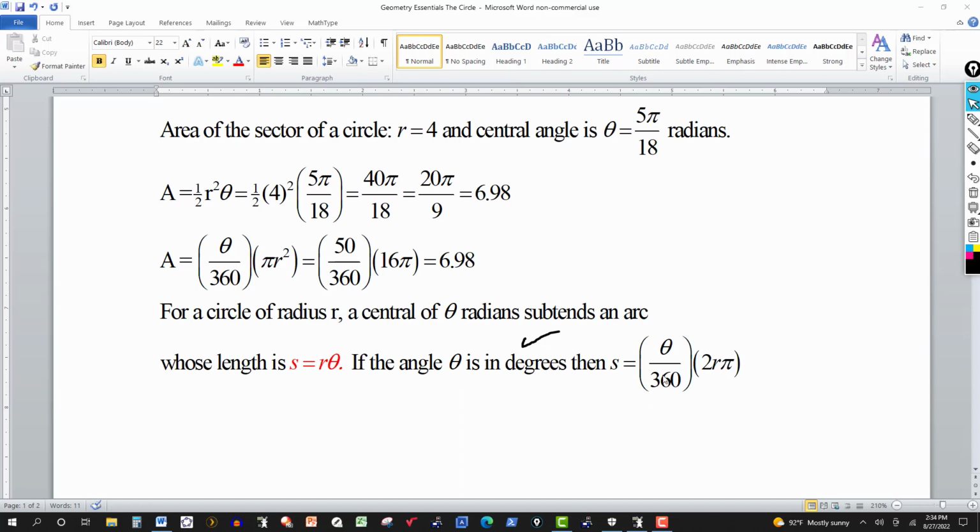We're taking the portion of the arc associated with that particular central angle, and the circumference is 2 r pi. So if you wanted the arc length associated with the angle of 50 degrees, using the second formula, this would be 50 over 360, and then you can cancel that out, and then r is 4, this would be 8 pi.